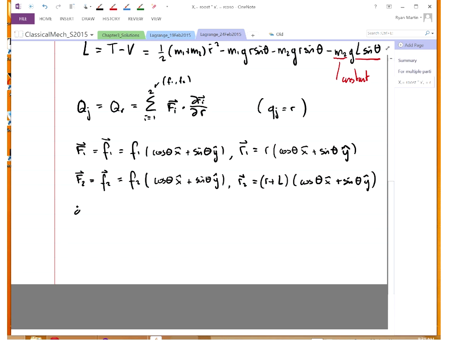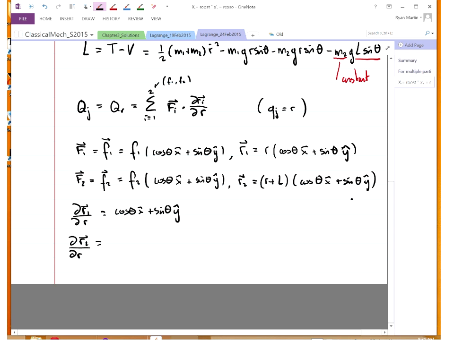What we really need in the dot product is dR1 vector by dr. So d by dr of that R1 vector just removes the r, so that's just cos theta x hat plus sine theta y hat. Similarly, for dR2 by dr, you can see the R2 vector as a sum of two vectors: r times cos theta x hat plus sine theta y hat, plus the vector L cos theta x hat, L sine theta y hat.